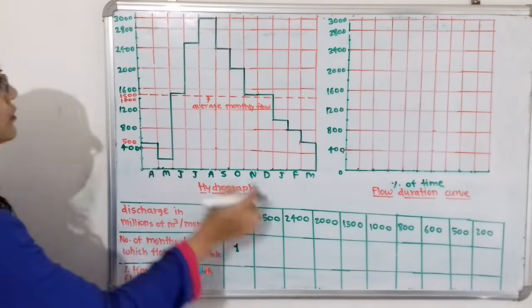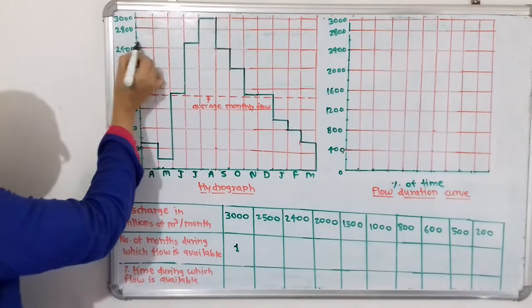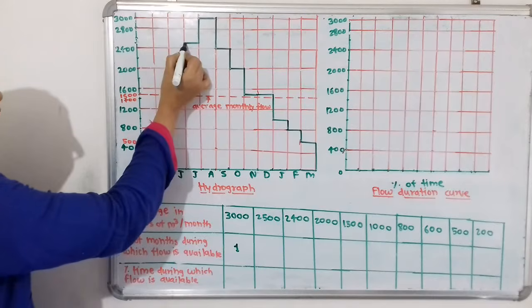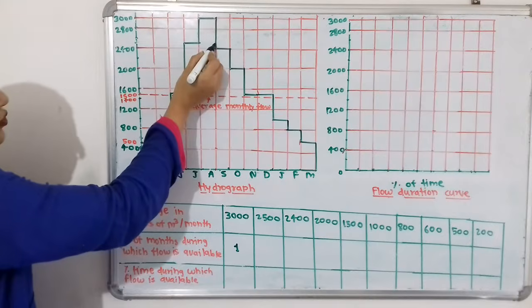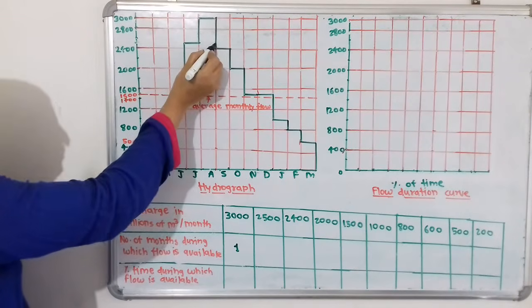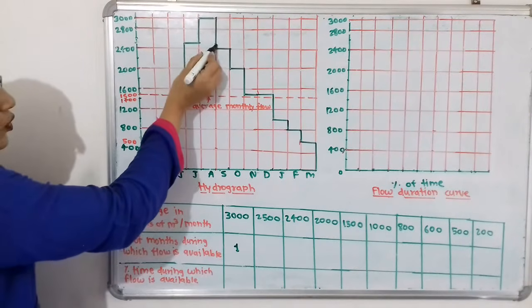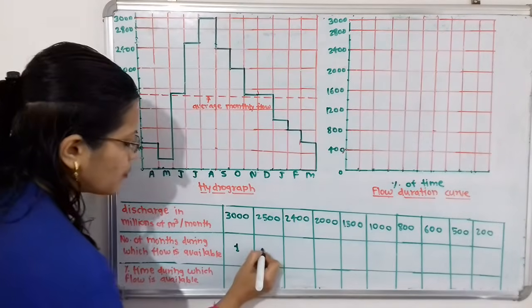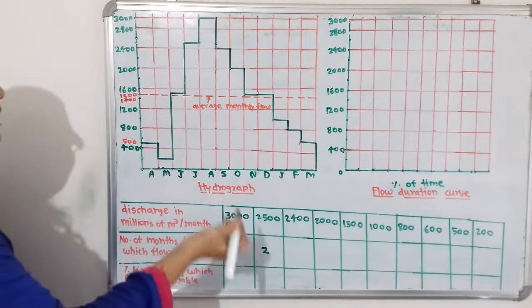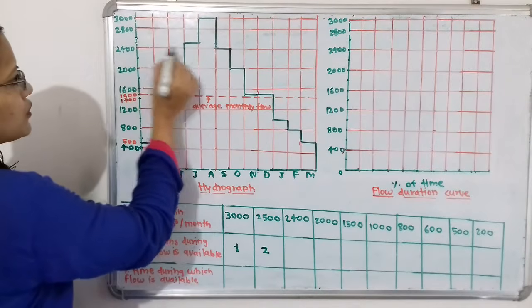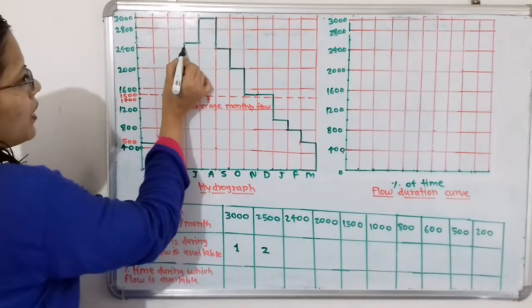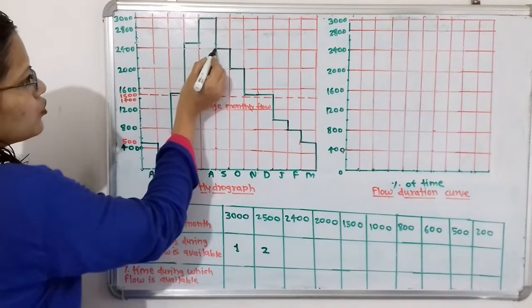Next is 2500. If we observe here this 2500, this one block, and for the second block also 2500 discharge is available. So the number of months is 2. Then 2400. The number of blocks are 1, 2, 3.